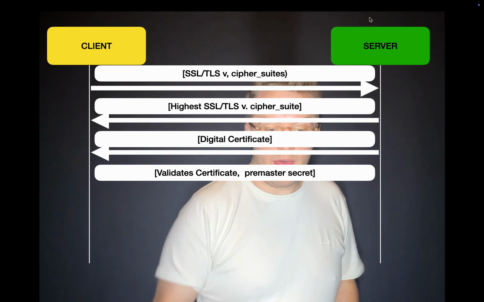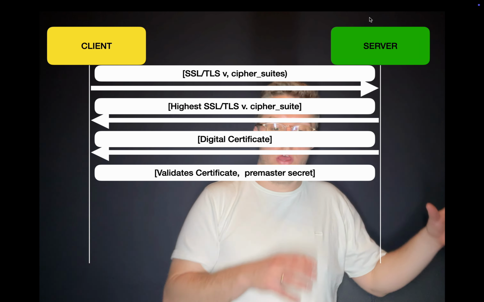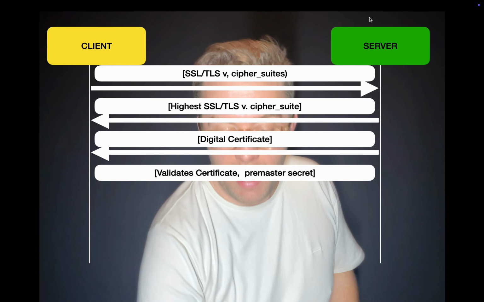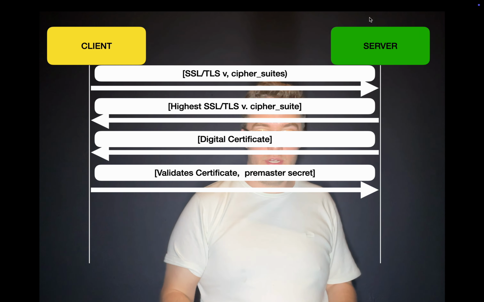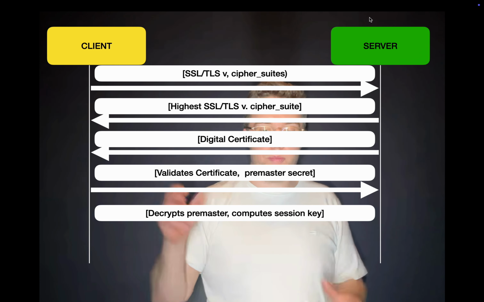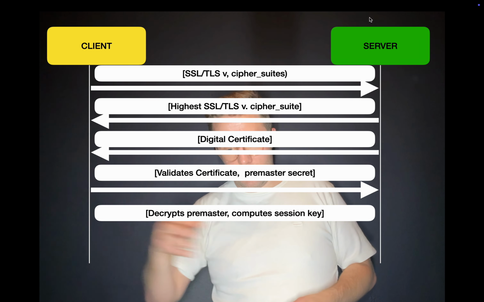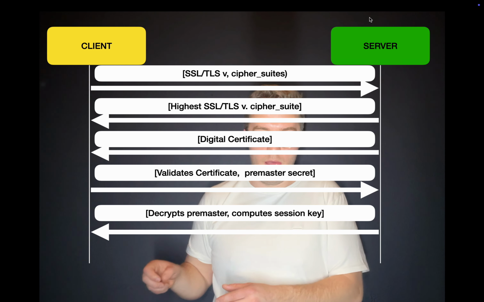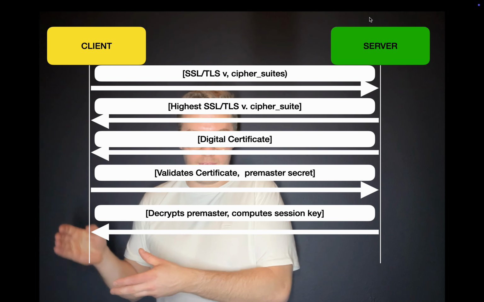The client is able on their machine, their browser, to validate this certificate, and then they can create a pre-master secret and send that to the server, and the server can decrypt the pre-master secret with its key.